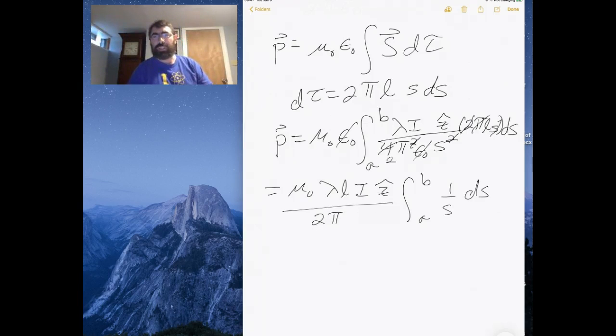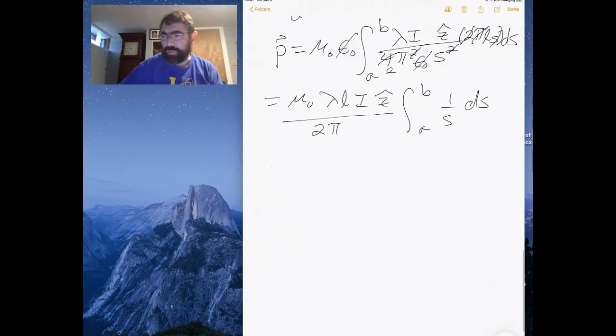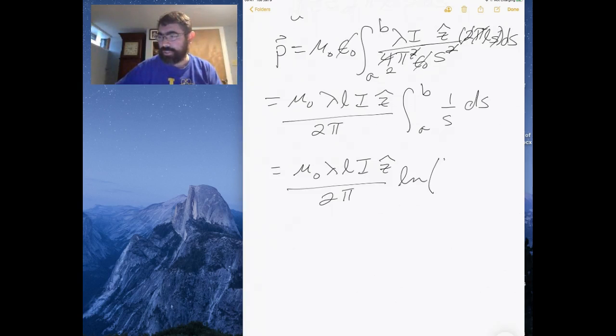So again, that gives me the natural log, and so what I get is mu 0 lambda L I in the z direction over 2 pi, the natural log of b over a. Okay, so that is basically the answer.